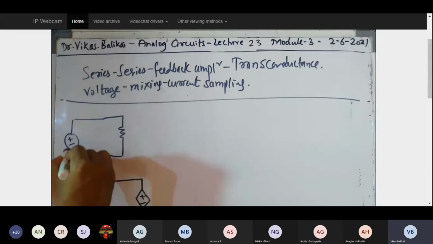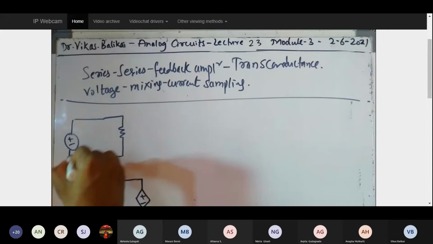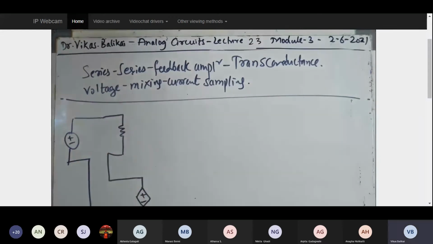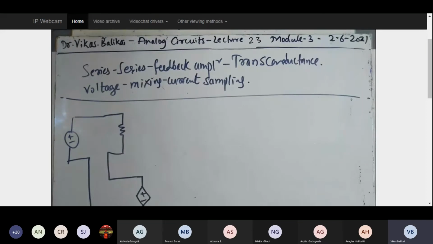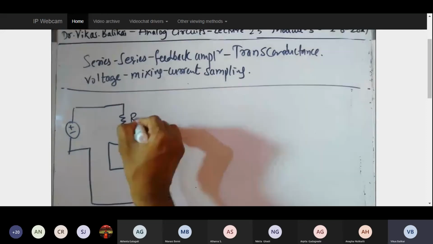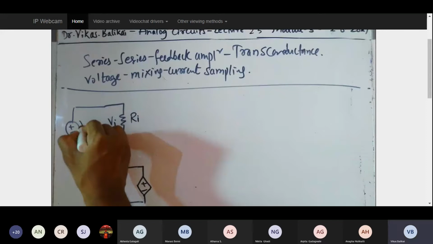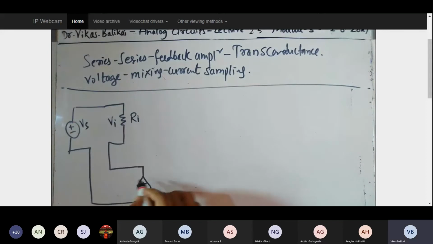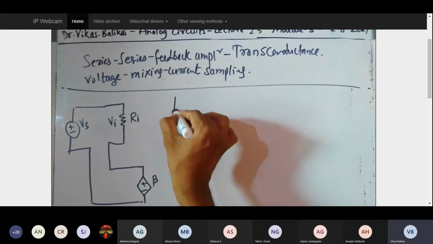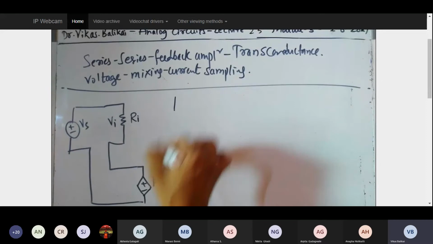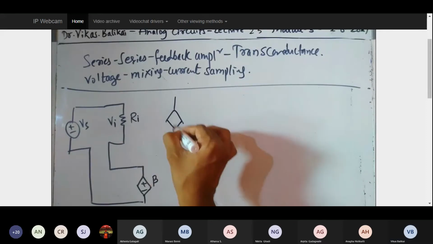So make a note of the structure. This is Ri and Vi is over here, and this is my Vs. This is of course beta. What beta will be multiplied by, whether it is voltage or current, let's check.